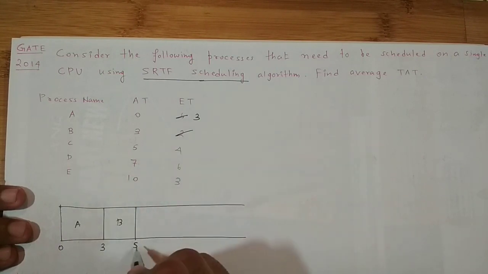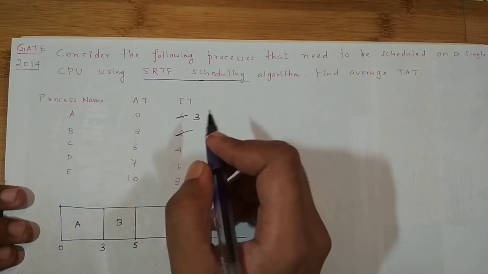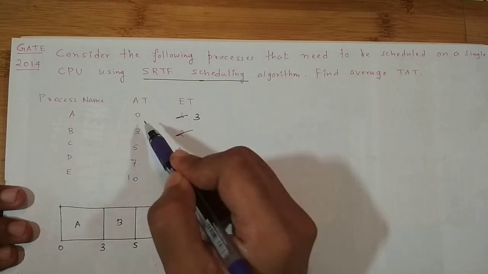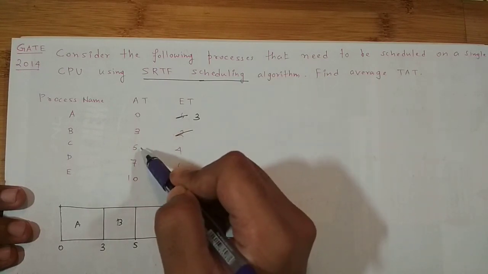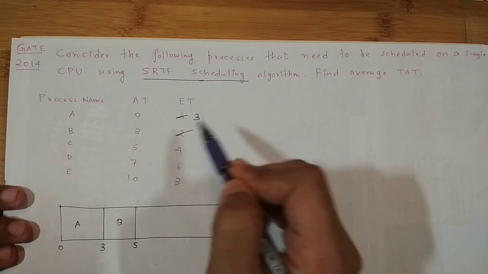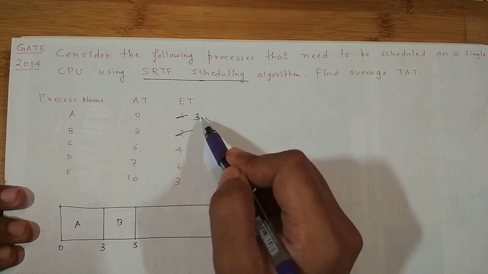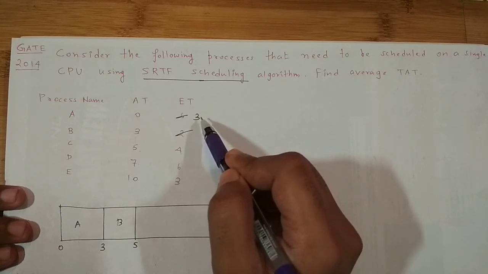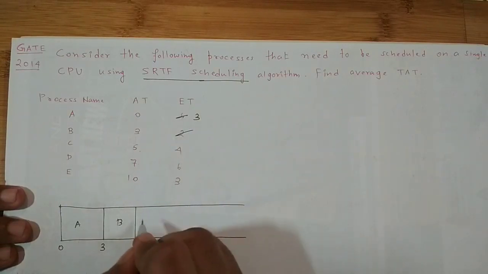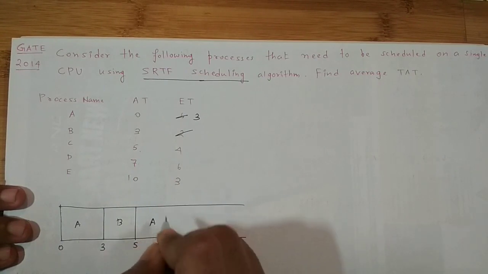Now at time unit 5, we have 2 processes available: process A and process C. Out of these 2 processes, which process has the lower execution time? Process A has a lower execution time of 3, so it will get scheduled first. So process A gets rescheduled, rather, for how many units?